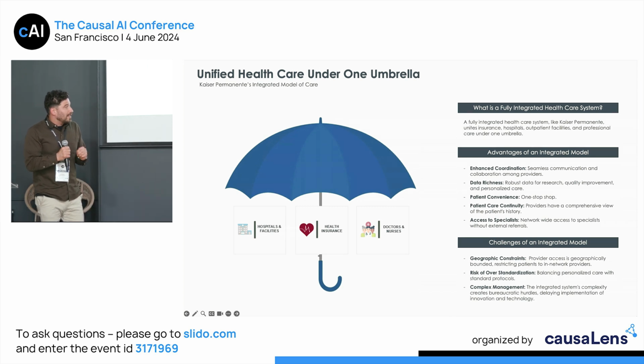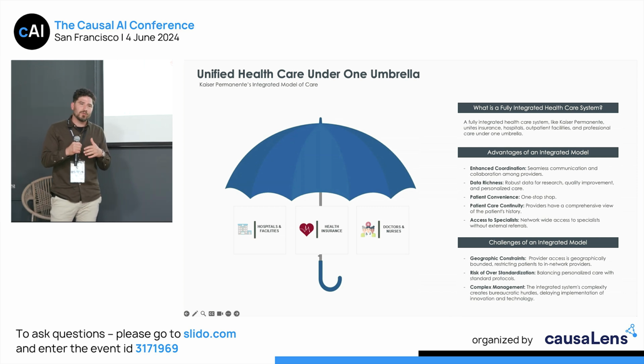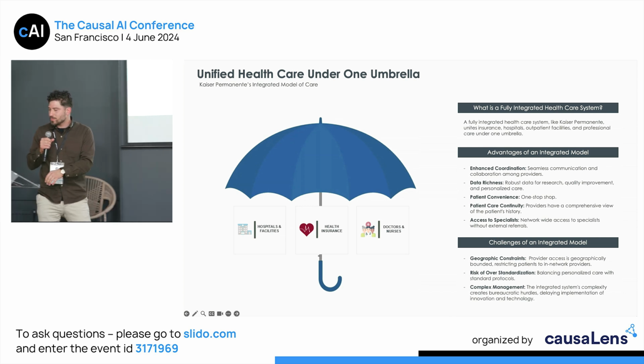The second thing is the complex management. Since these three pillars exist under one umbrella, there is a lot of conflicting interest within these three areas of that umbrella. And so it is a little slow to push innovation or technology, and that is a hurdle for sure from a bureaucratic perspective.